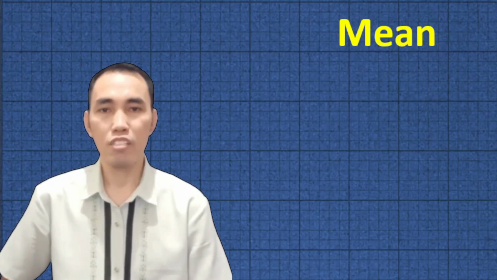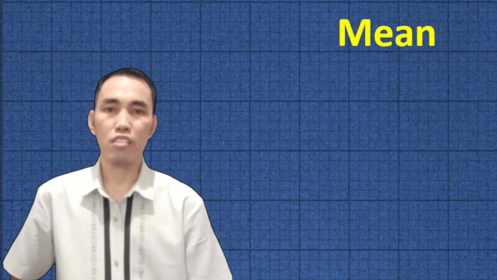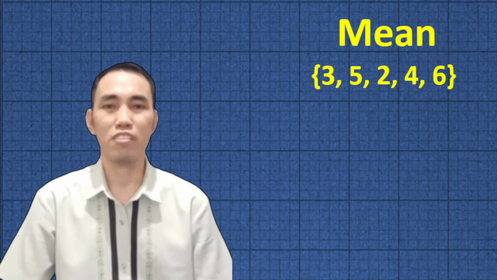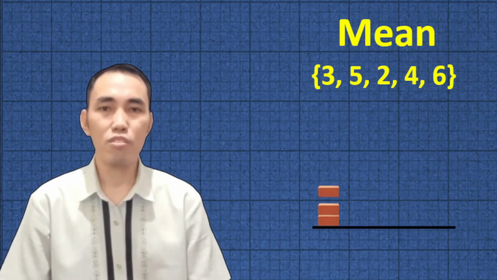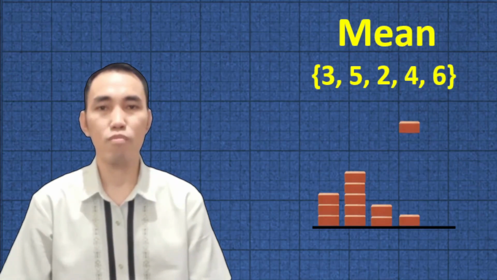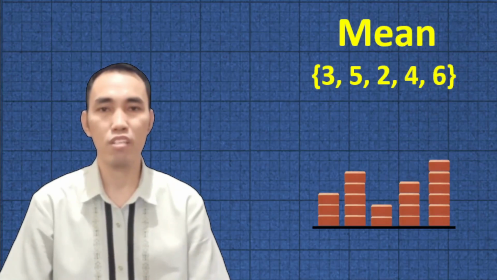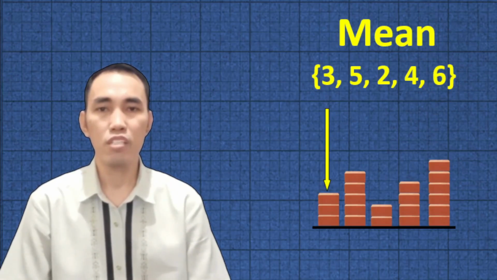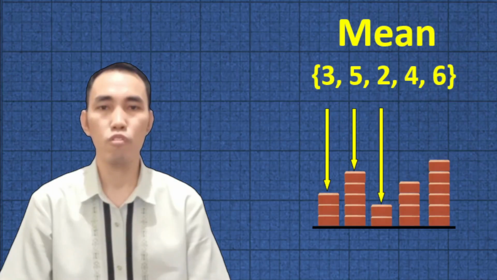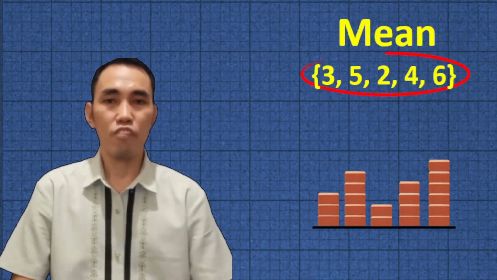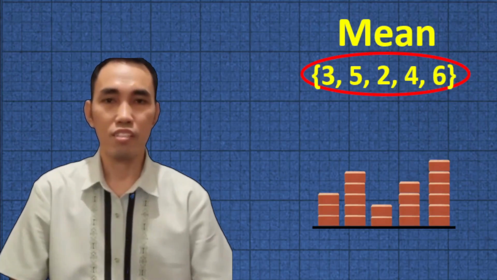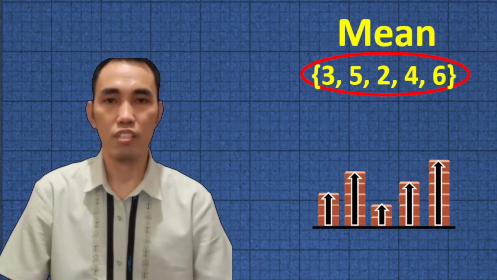To understand what it is, let's look at a simple dataset that contains 5 numbers. As a visual aid, let's also represent those numbers with stacks of blocks whose heights correspond to their values. 3, 5, 2, 4, 6. Right now, since each of the 5 numbers is different, the stacks of blocks are all different heights.